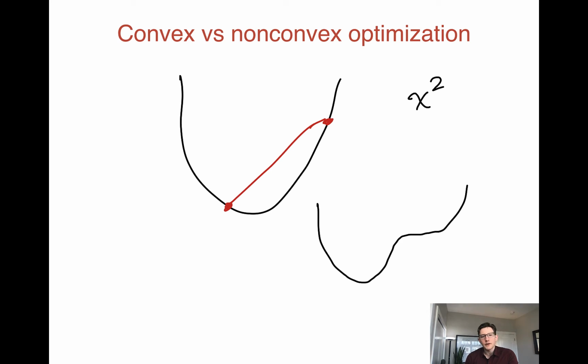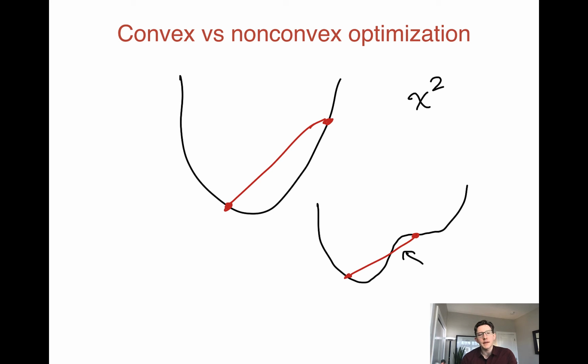Now, as I talked about a couple slides ago, this can be tricky because even if there's no local optimum here, if there's a saddle point, then that can make optimization tricky. So the criterion of convexity rules out functions like this with saddle points, because notice that if we draw a line, it ends up below the function.